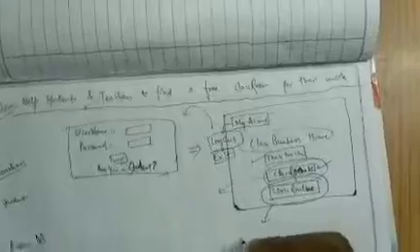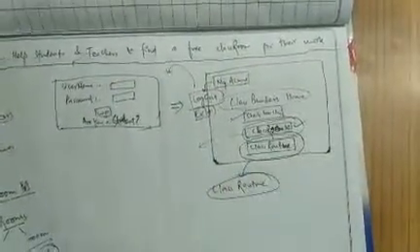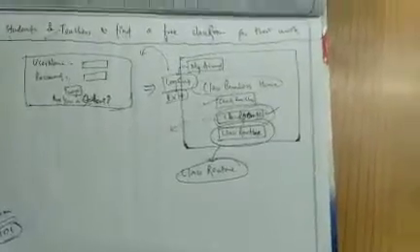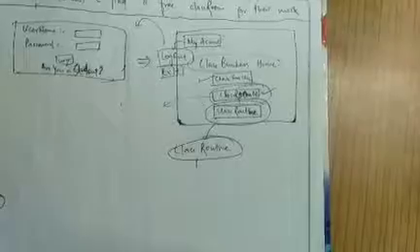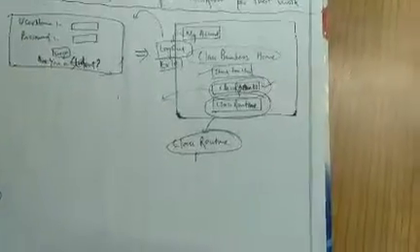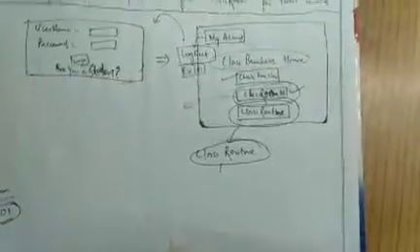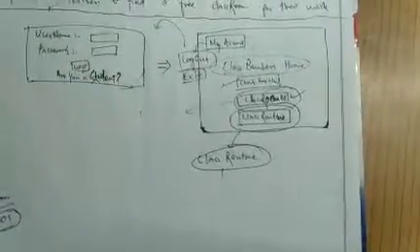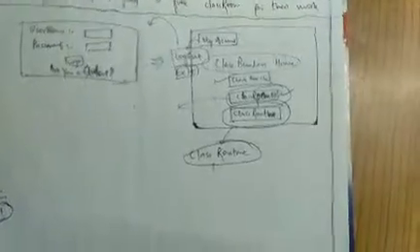To deal with it, say this is my class routine. For the class routine, I need to know the routines of all the classes running in my department. All the classes run mostly on five days: Monday, Tuesday, Wednesday, Thursday and Friday.